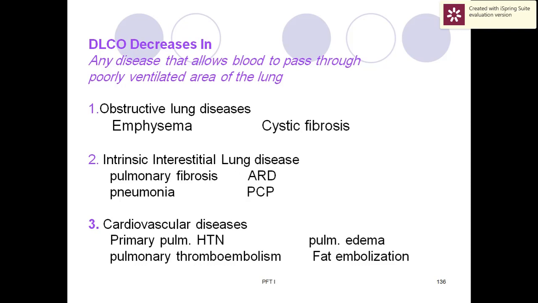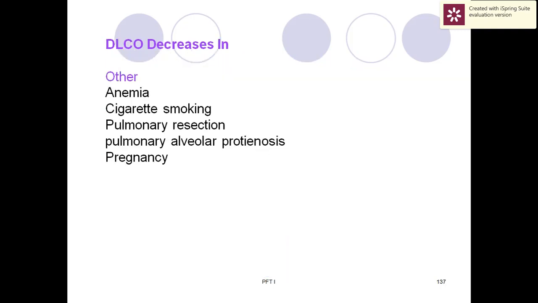Diseases that allow the blood to pass through poorly ventilated areas of the lung, as we said, are obstructive lung disease, emphysema, cystic fibrosis, and interstitial lung disease, which cause reduction. The cardiovascular ones, like pulmonary edema, pulmonary thromboembolism and pulmonary hypertension, all cause a decrease in the TLCO.